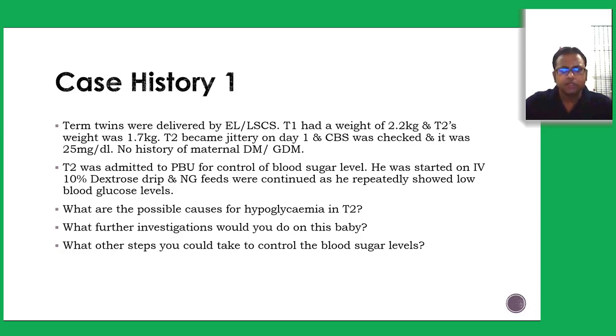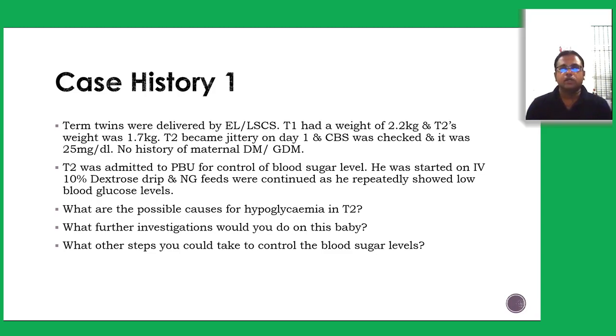If we use glucometers made for adults, it will not give an accurate reading in neonates, right? One reason being their sugars are usually a bit on the lower side. So whenever we get a low glucometer reading, we always have to confirm it with a lab sample.